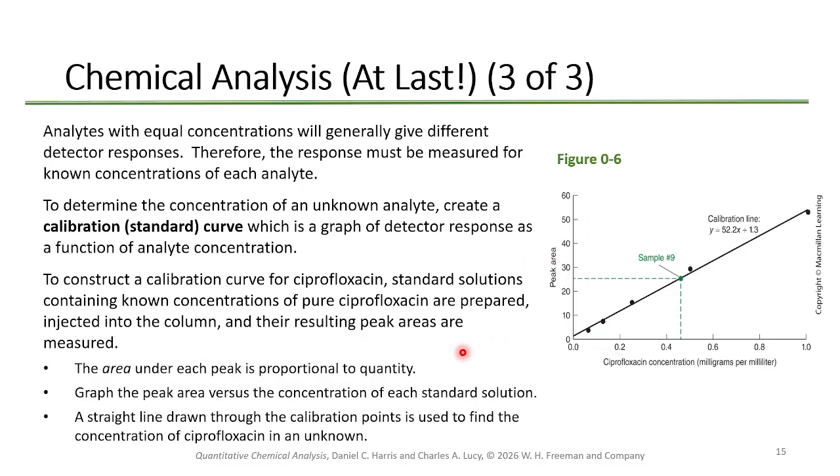All right, so again, the area under each peak is going to be proportional to the quantity. Anybody that's taken organic chemistry probably remembers this, hopefully. Anybody that hasn't taken organic chemistry yet, you may not have heard this yet, but there you go. You have a leg up now. Okay. The graph of the peak area versus the concentration of each standard solution is then graphed. Straight line is drawn through, best fit.